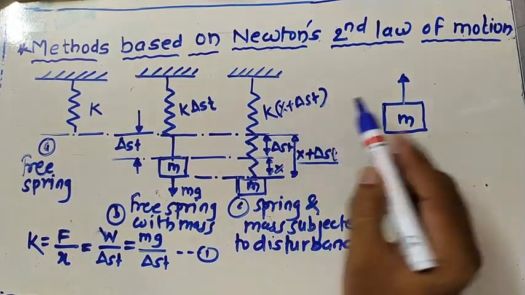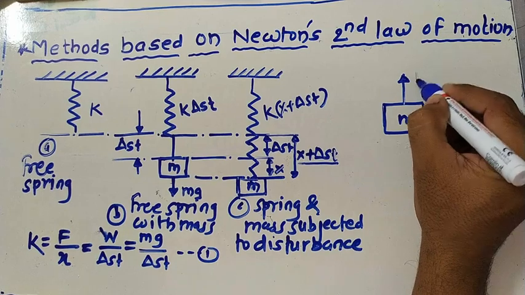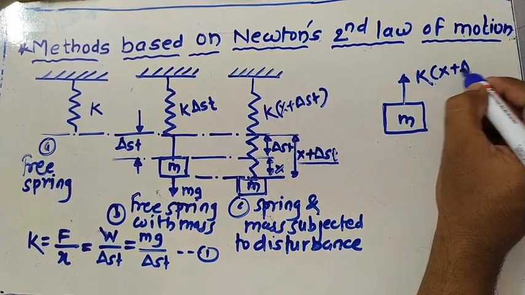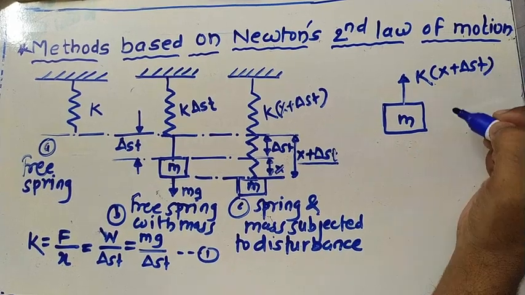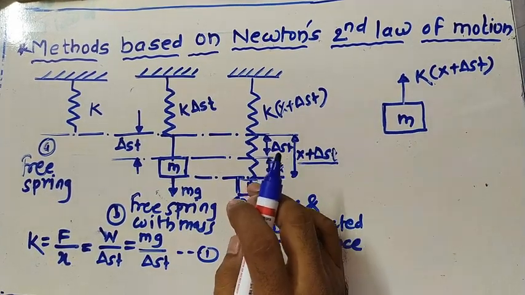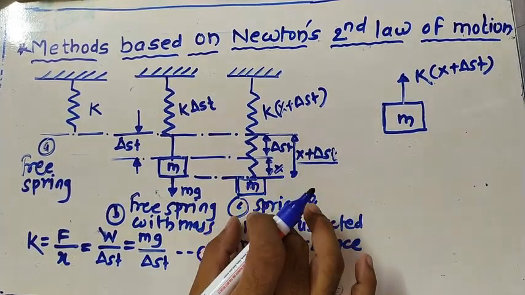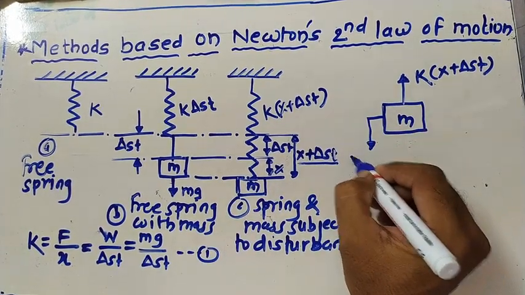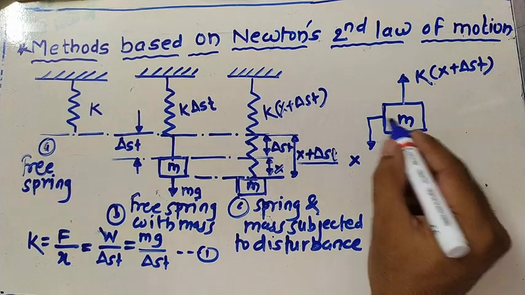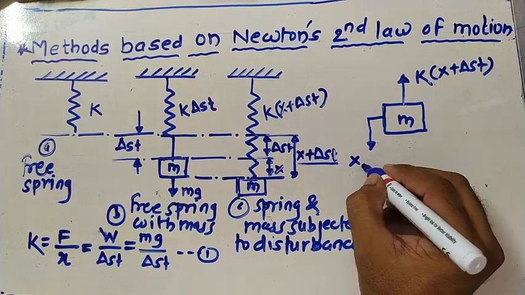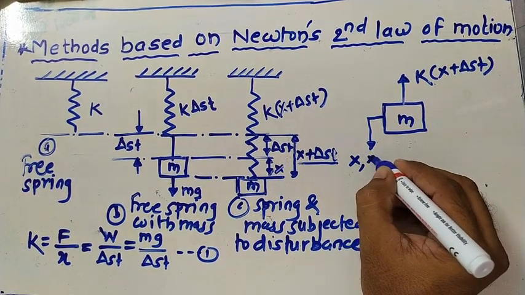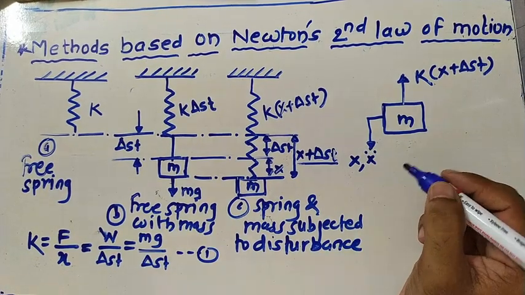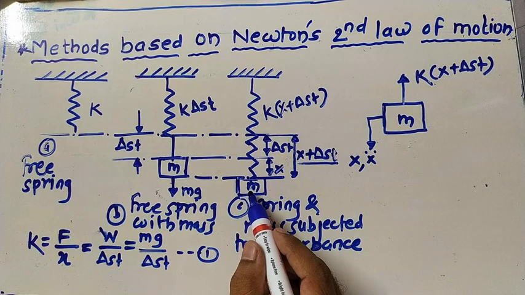So the direction of the spring force must be upward like this. The tendency of this mass, we are pulling this mass in the downward direction, so the displacement direction must be downward. At the same time, the acceleration direction is also downward. So what about the accelerating force?